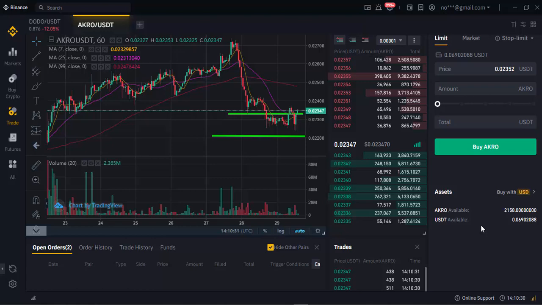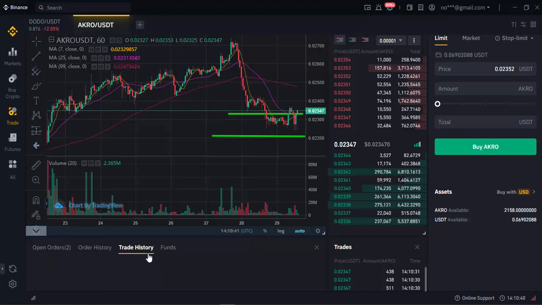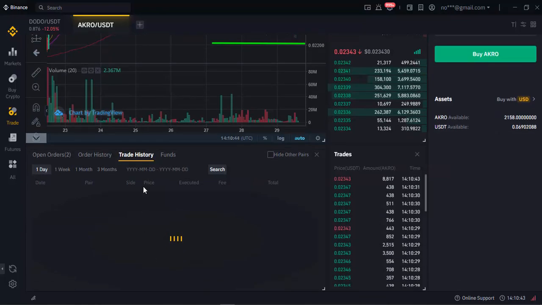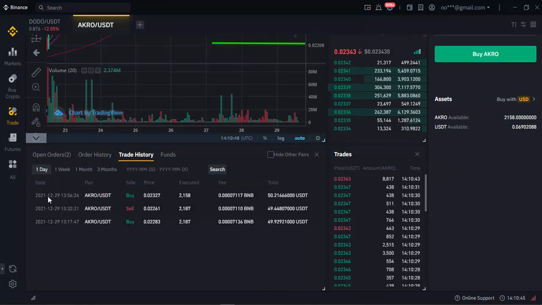Actually, the trade has been executed. This is like 5 to 10 minutes time, and I'm checking it again. I just checked and it has been executed. So on the trade history, let's check the one that got executed. All right, the price of 0.02327.